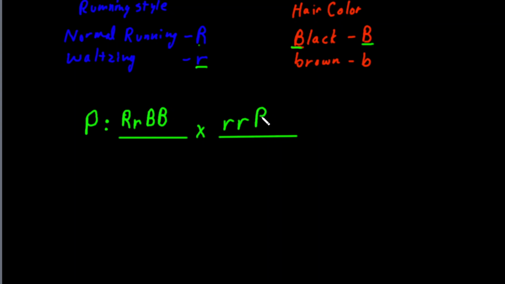So again, capital B, capital B. And so a homozygous waltzing, homozygous black mouse. All right, so that is how we write the gene trait, the alleles, and the parental genotypes. Take a moment and do that for parts B and C.